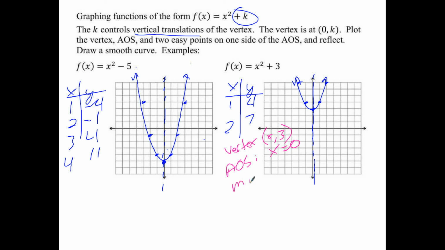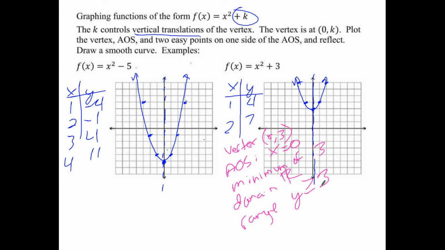This is a minimum because the parabola opens up, so it's a minimum of 3, the y-coordinate of the vertex. Now, what's the domain? It's always going to be all real numbers. And what's the range? Y is greater than or equal to 3 this time, because the parabola opens up, and it's the y coordinate of the vertex, 3.